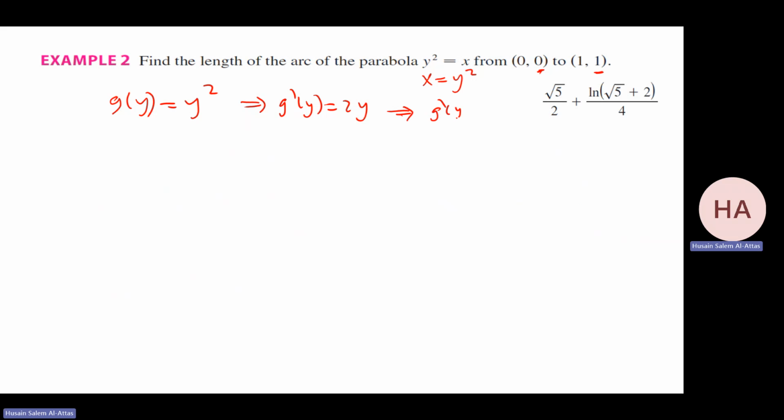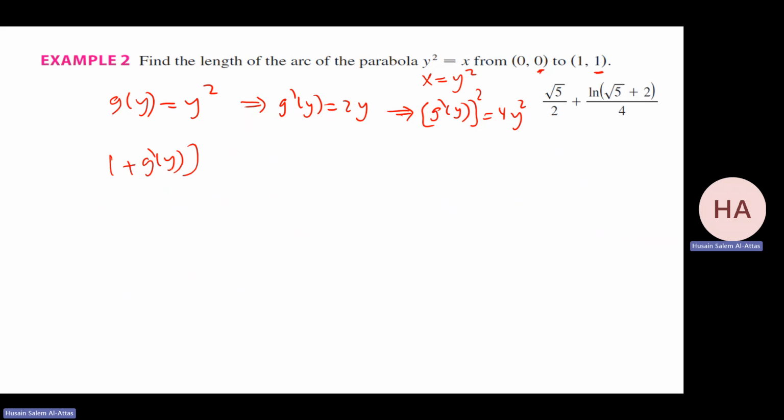What will be g prime of y squared? That will be 4y squared. Sometimes you need to do the calculation in terms of other methods.